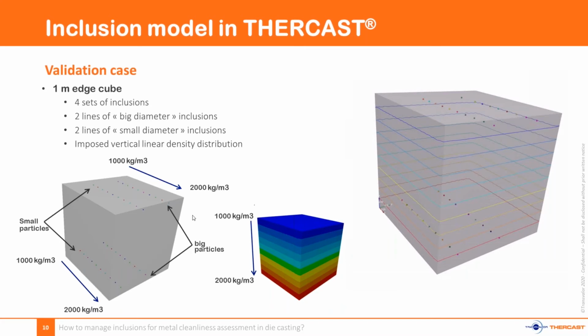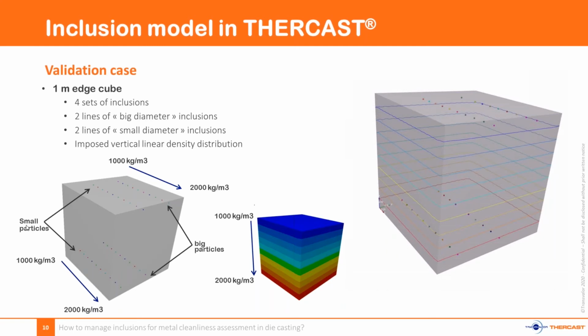So these lines are here in the representation. So we have 2 top lines and 2 bottom lines. And from this point of view, the left lines consist of big particles, and the right lines are for the small particles.